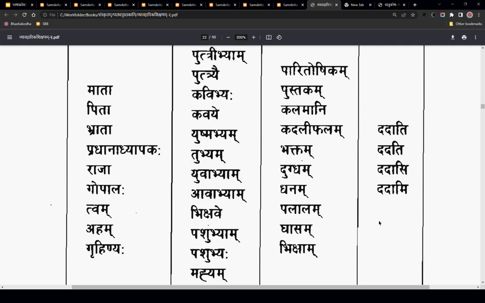This dadami, etc. Sorry. Tvam mahyam dugdam dadami. Dadati. Now, whenever there is the word tvam, yuvam or yuyam, with these three words, the kriyapada must be in the madhyama purusha.